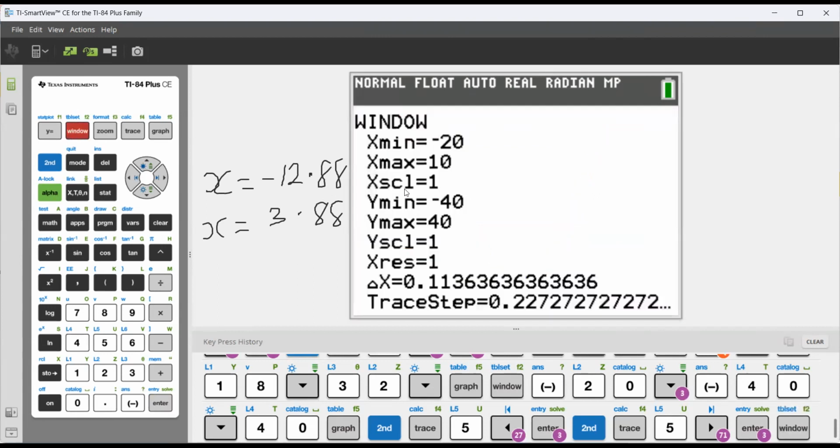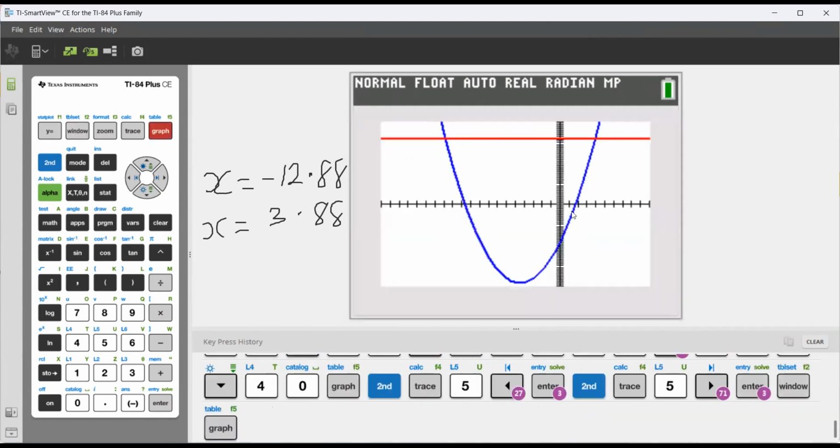Now check your window again. Make sure that you remember, you copy and put it in there, right? Your window should not be the same as my window. It should be a window that makes sense, and then draw the graph based on what you got for your window. All right, so let's go back to the workbook.